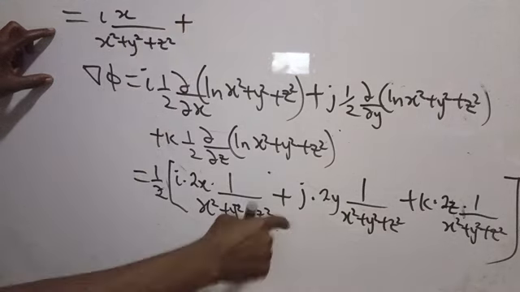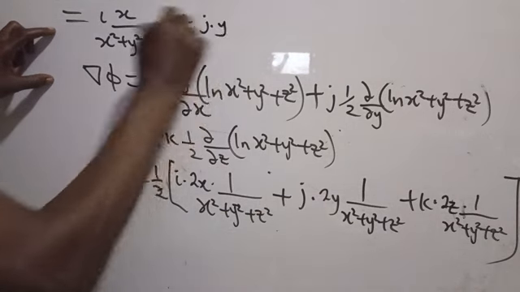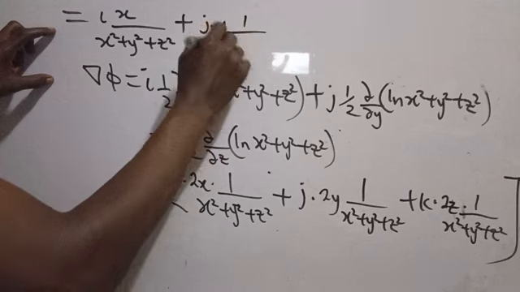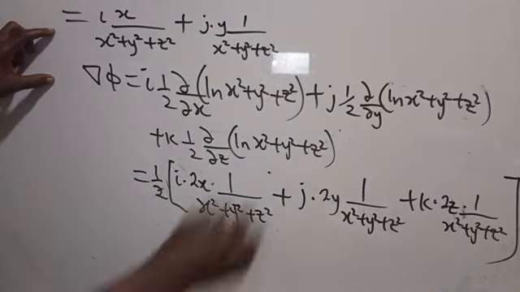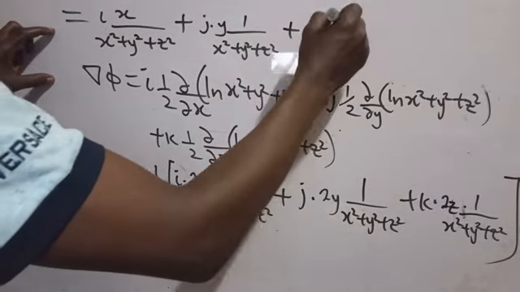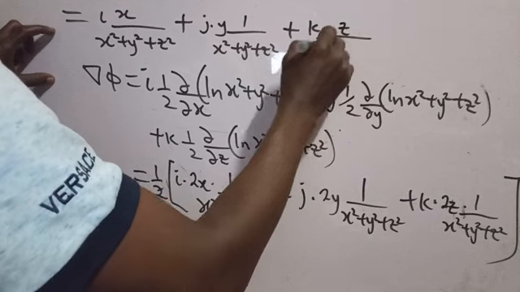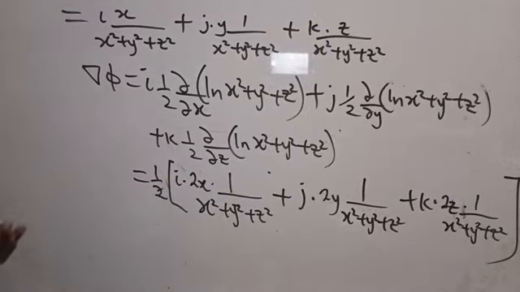Plus j half times 2y, y over x squared plus y squared plus z squared. Beautiful. Plus k half times 2z, z all over x squared plus y squared plus z squared. Beautiful. I hope that is clear now.